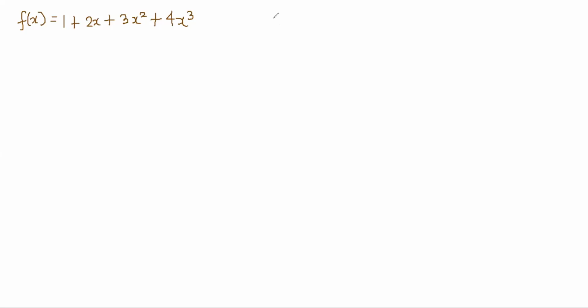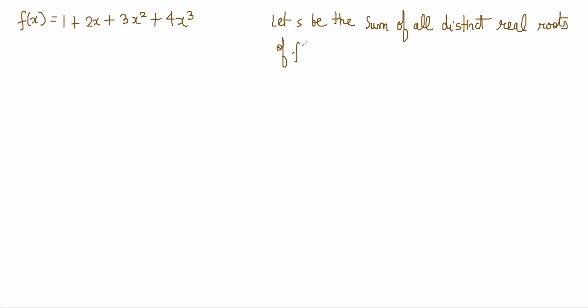Let S be the sum of all distinct real roots of f(x), and let T be equal to mod of S. The real number S lies in what interval?